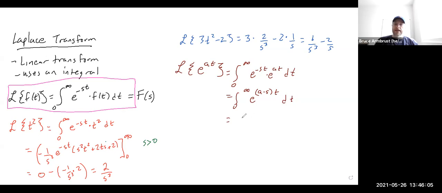Integrating that, I'm going to get 1 over (a minus s) times e to the (a minus s) times t, from 0 to infinity. So that gives us 1 over (a minus s) times e to the (a minus s) times infinity minus e to the 0.